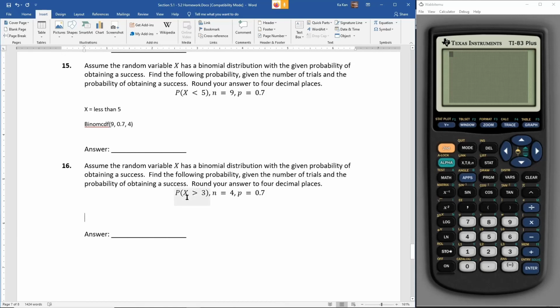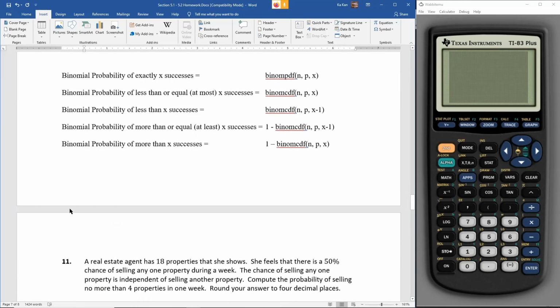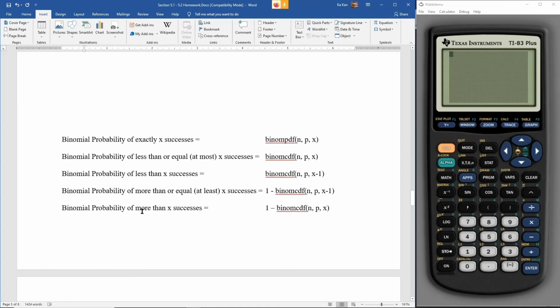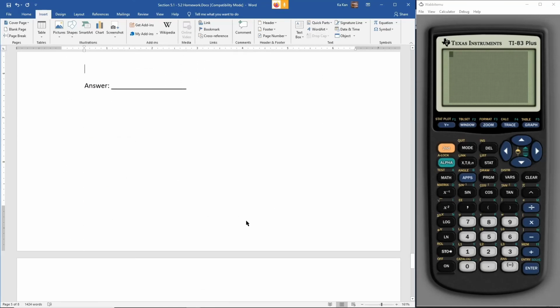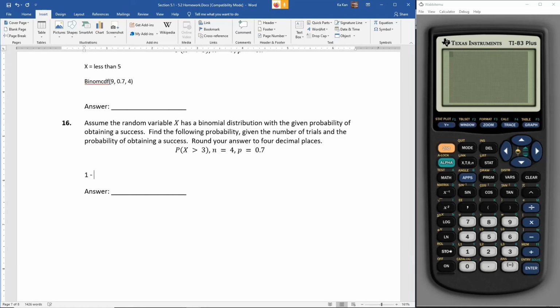And for this one, it's bigger than 3. Bigger than 3, that's more than 3, so more than x successes. That'll be 1 minus binomial CDF. It gets a little boring after a while, but that's a good thing. That means you understand. 4, 0.7.